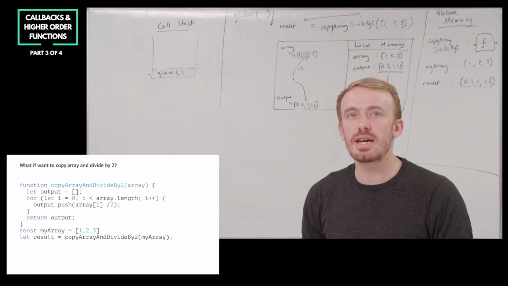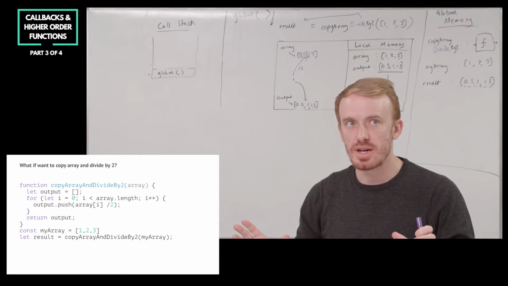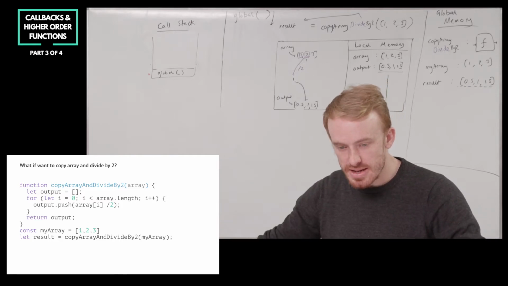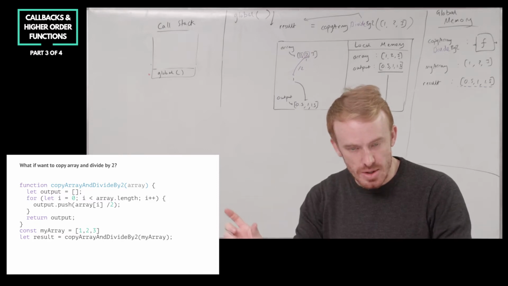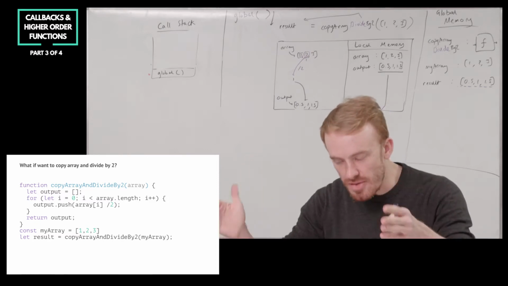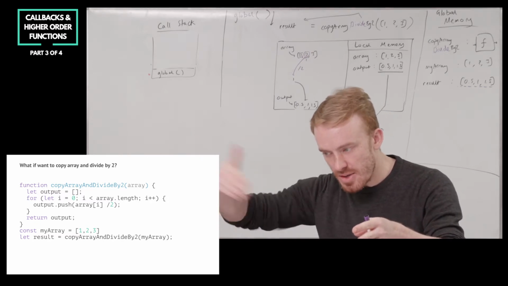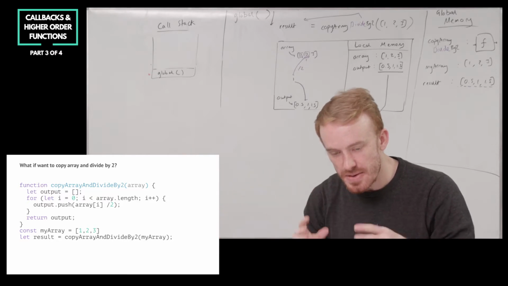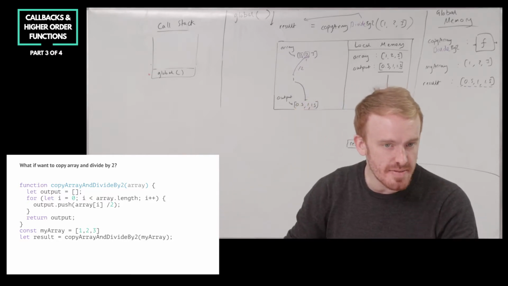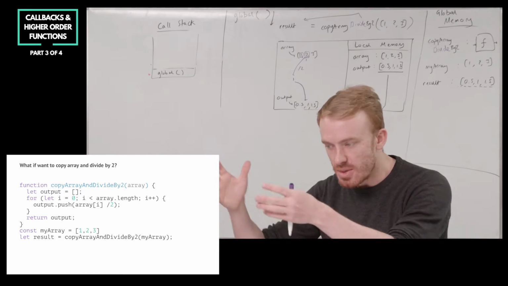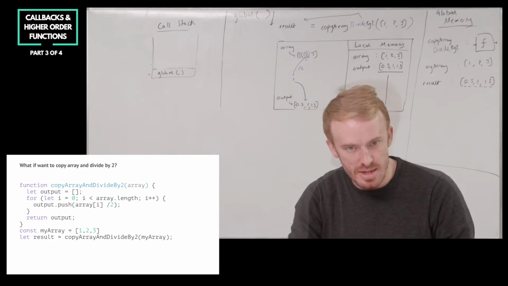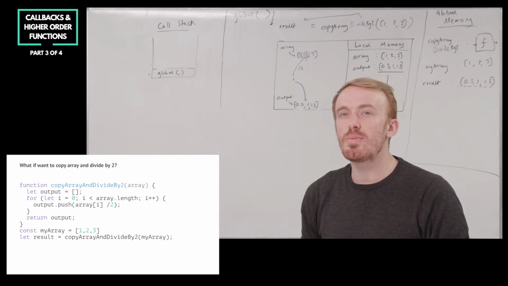So you're saying build one general function, we could call it copy array and manipulate, and then leave a placeholder parameter for when we run that function, fill that parameter in with the specific functionality, plus 3, divide by 2, multiply by 2, that we want to have applied to each element. Okay, but how would we pass that in?